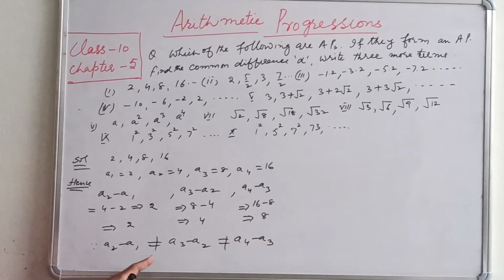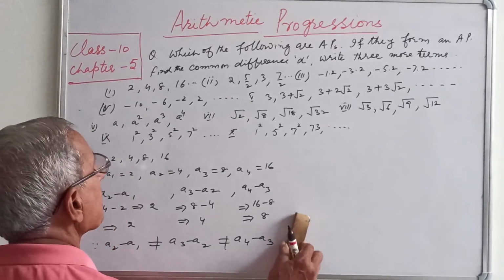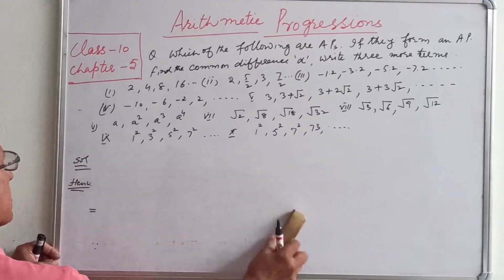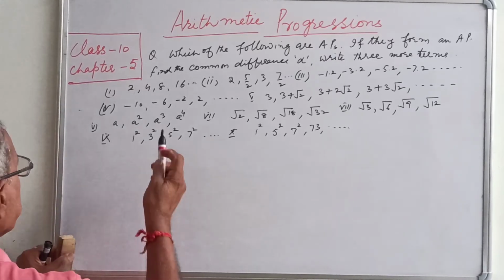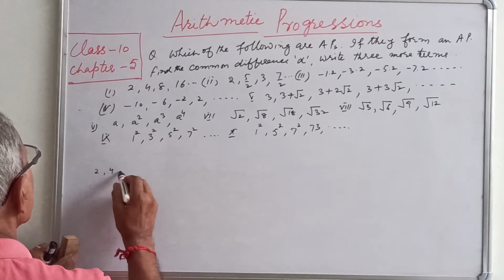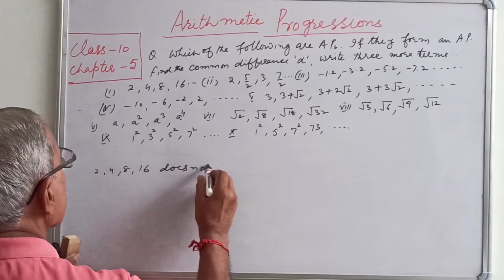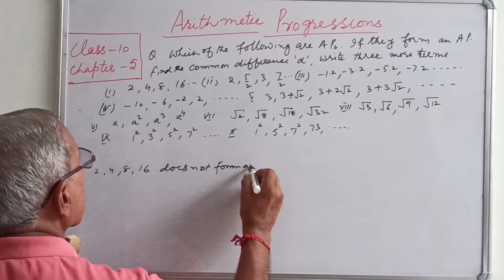So 2 not equal 4 not equal 8, therefore the sequence is not an AP. So 2, 4, 8 and 16 does not form an AP.